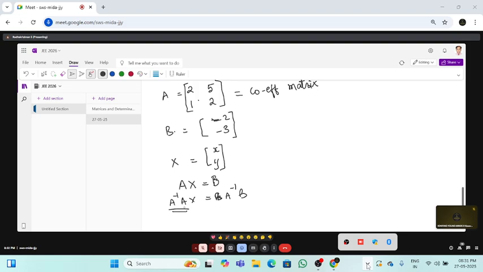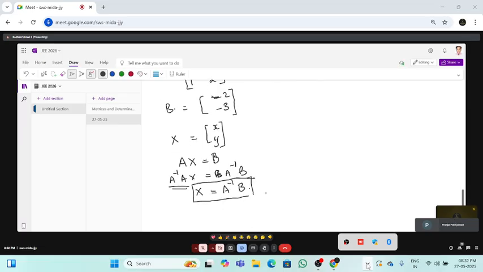I into X is simply X. So X equals A inverse into B. This is the method to solve simultaneous equations using matrix inversion. That method is called matrix inversion.